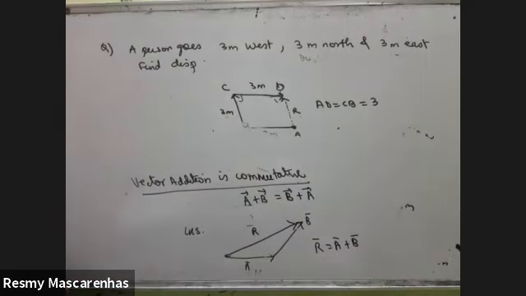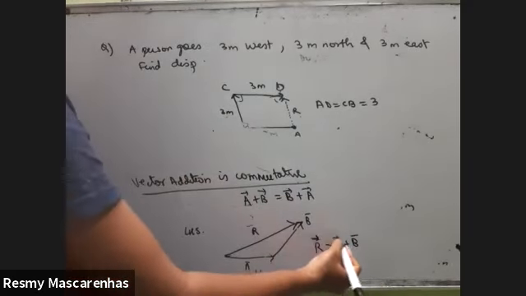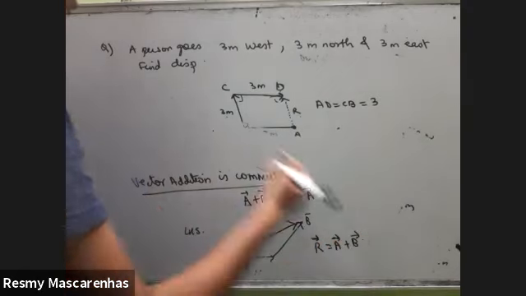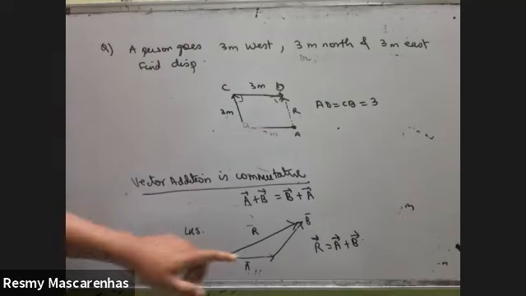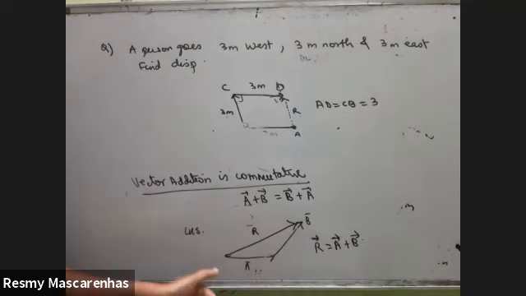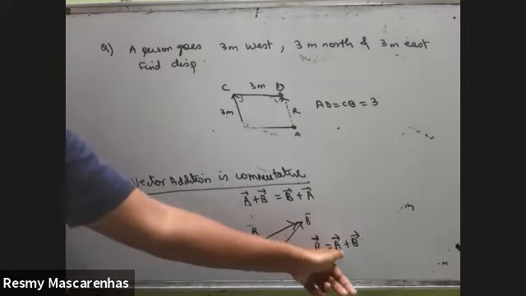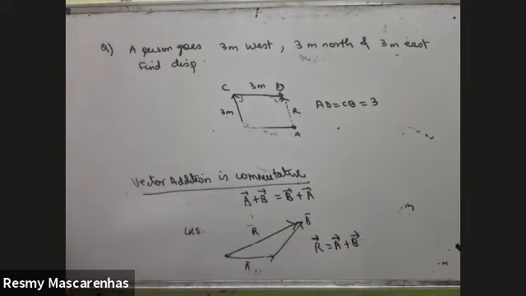In terms of vectors, when you want to calculate this, there we could use Pythagoras because that was normal 90 degrees. But in terms of vectors, the vector addition says the resultant is always equal to A bar plus B bar. I'm not directly talking about values. If this is 3 meters and this is 4 meters, you cannot say R is 3 plus 4, which is 7.